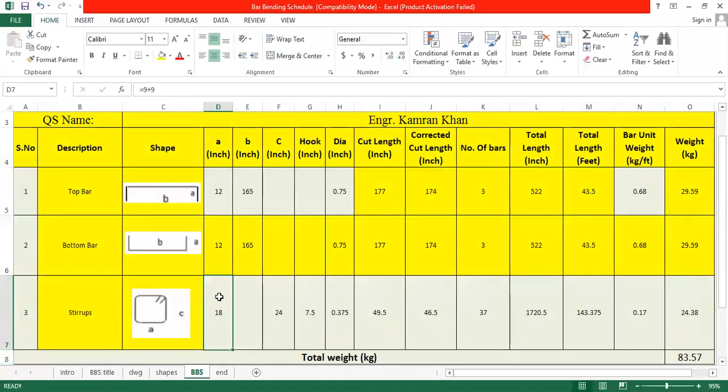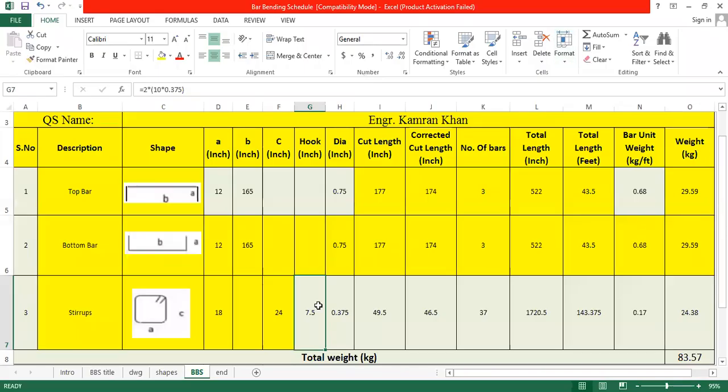So that's why the value of A is 18 inches and the value of C is 24 inches. There is no B.